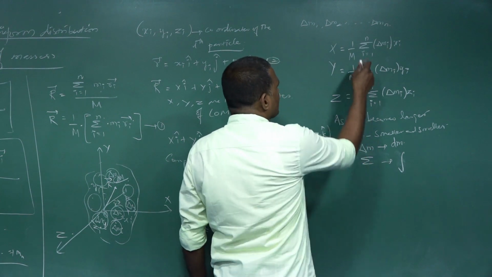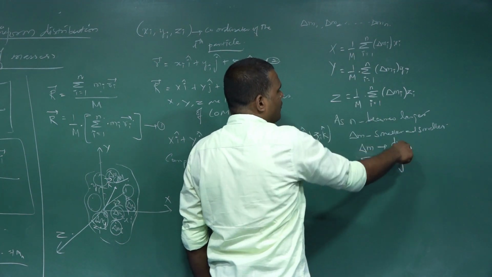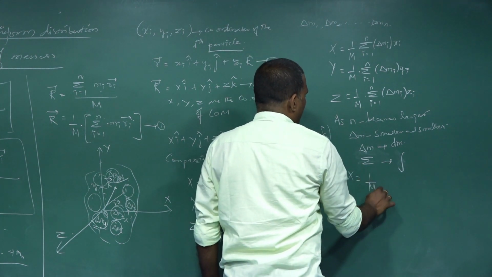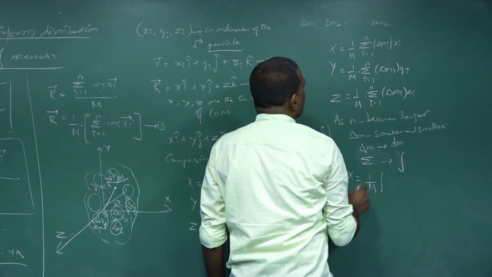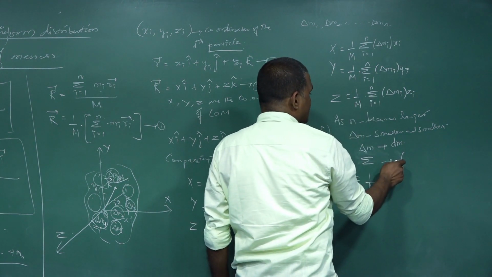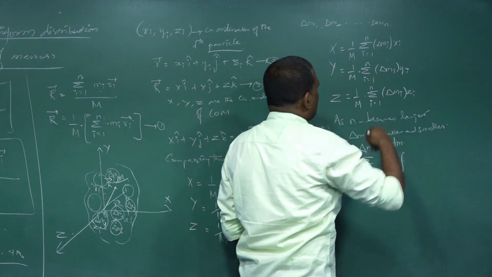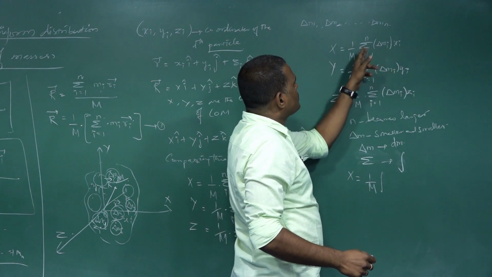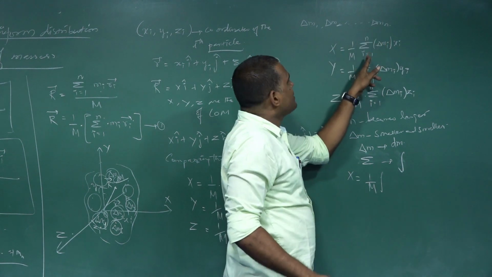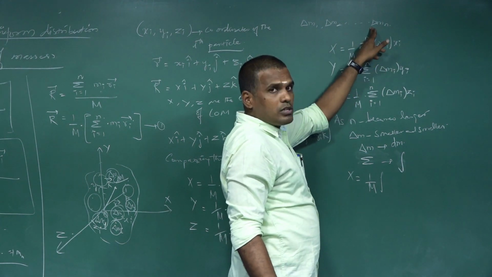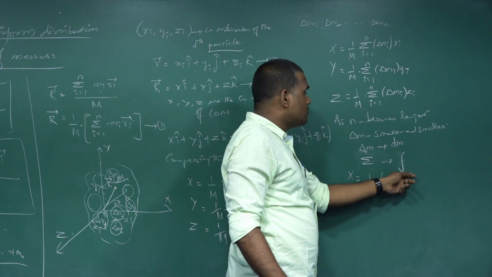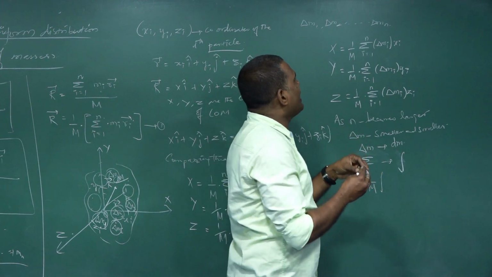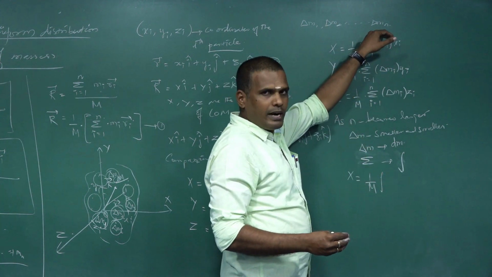So, we can write the same expressions in the form of integration, where X is equal to 1 by M into integral. Integration is taken for all the elements. Actually, this is the summation for all the particles which are running from i equals 1 to n. The summation over i equals 1 to n is transformed to integration. What does this mean? Here you are summing up all the elements which are running from 1 to n.